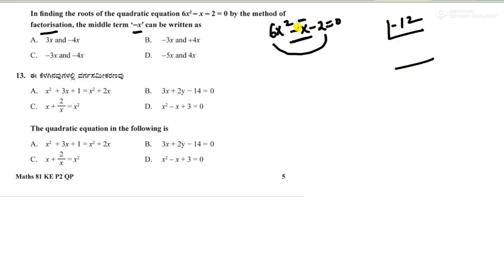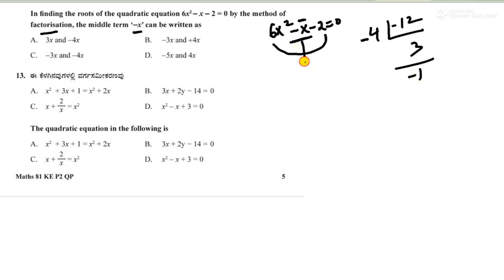Whatever is the middle coefficient we'll write here, it is minus 1. So we need two values such that when we multiply we get minus 12, and when we add them we get minus 1. So it is 4 into 3, correct? Now 4 threes are 12. So if I take minus 4 into 3, this becomes minus 12, and minus 4 plus 3 is minus 1.